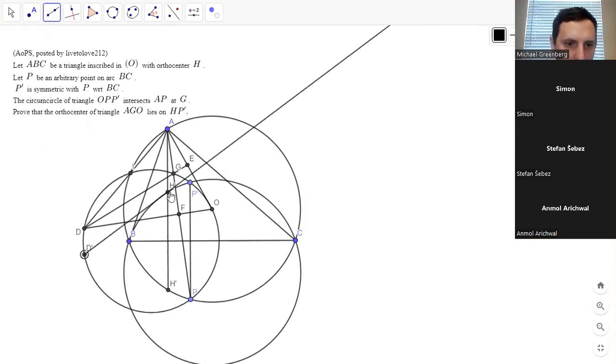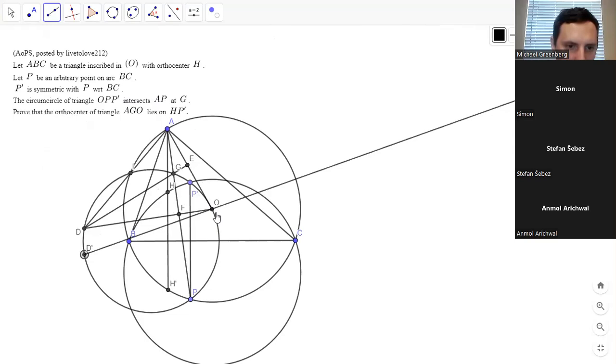I guess what we could do, we could let H prime P meet this at D prime, and we could try to show that D prime and D are reflections over BC.